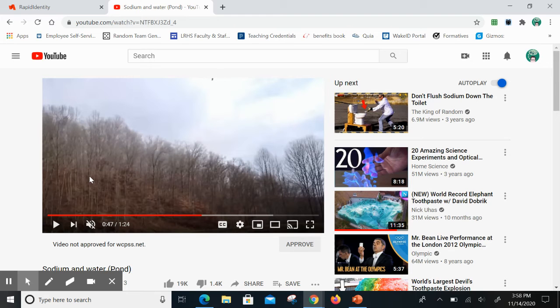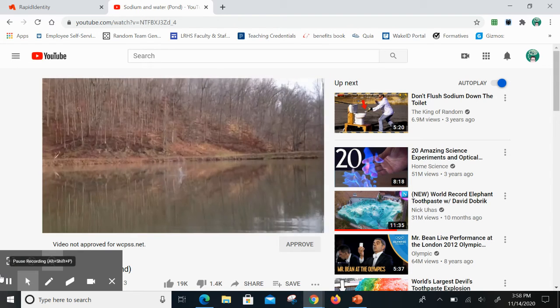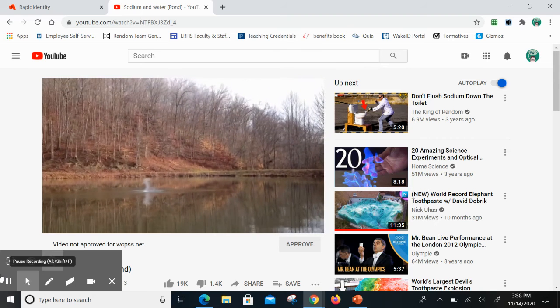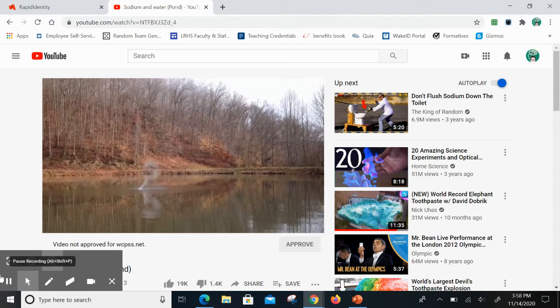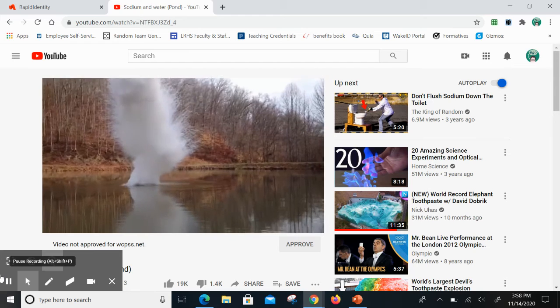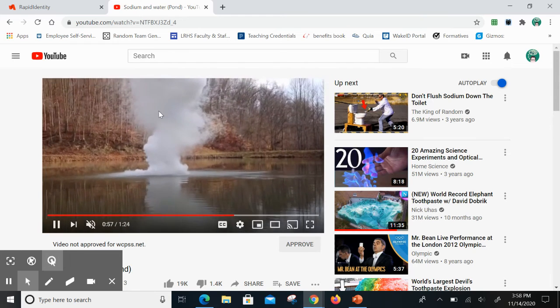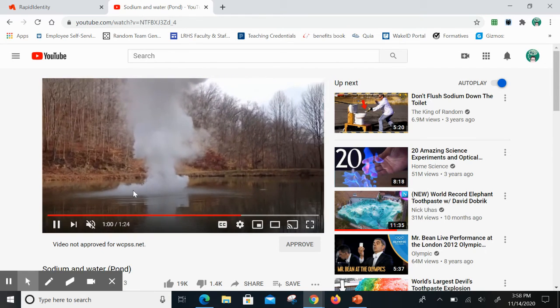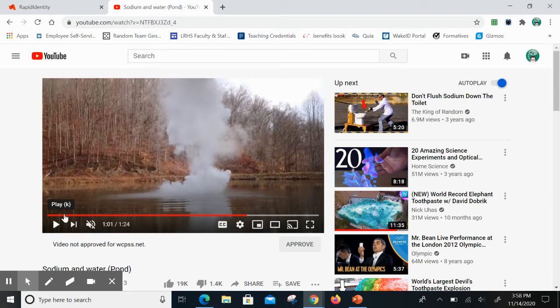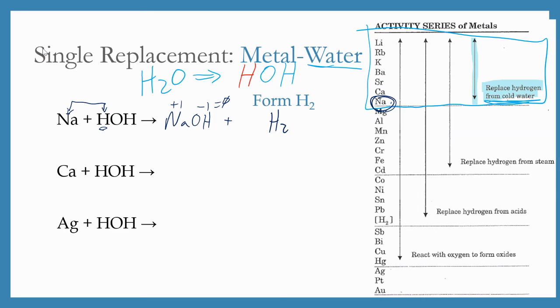There's the sodium right there. And as it falls into the lake, it reacts with the water in the lake. It exchanges the sodium for the hydrogen. And the explosion you see is a result of the hydrogen gas that's produced catching on fire by all the heat that's released by that reaction. All right. So that's what we're talking about with reacting with water.